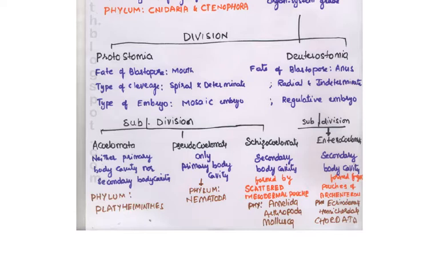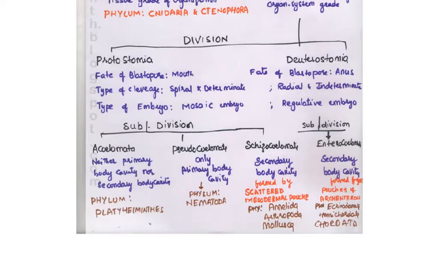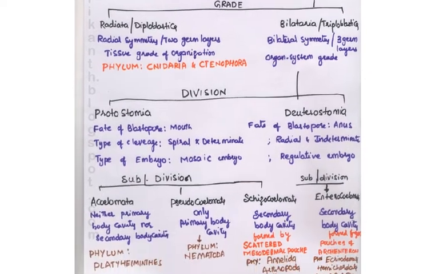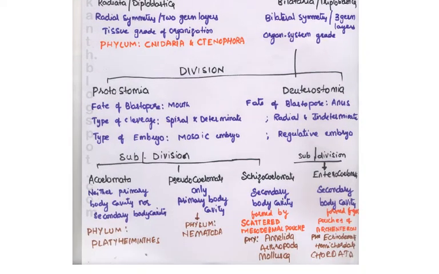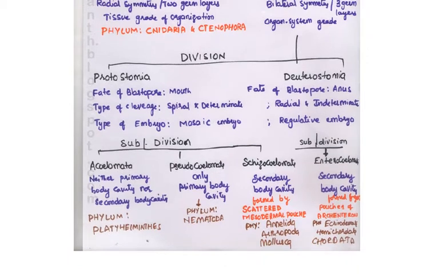Let us locate this in kingdom Animalia. As we said earlier, grade Bilateria has 2 divisions, division Protostomia and division Deuterostomia. In division Protostomia, the type of cleavage is spiral cleavage. In division Deuterostomia, the type of cleavage is radial cleavage.